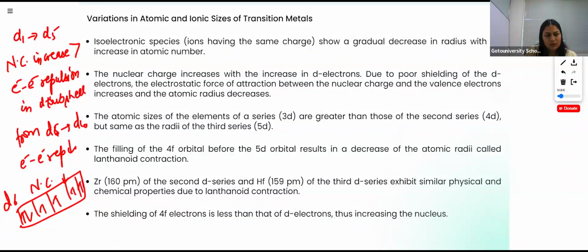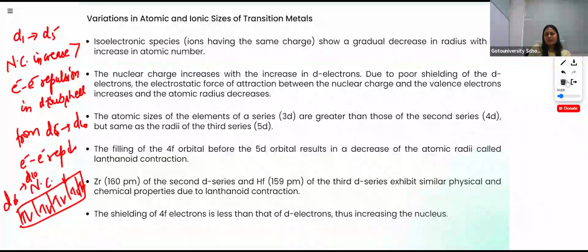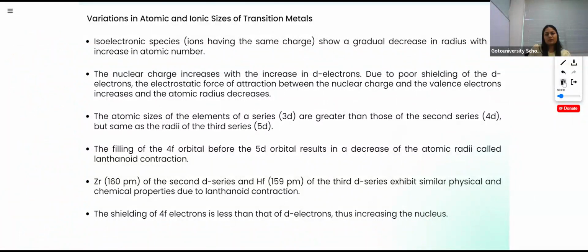From d6 to d10 there will be overcrowding, the electrons will start pairing. So the more electrons being added to the 3d subshell, they will create almost similar transition elements for the particular species, which is why we say that the atomic radii decreases after manganese.